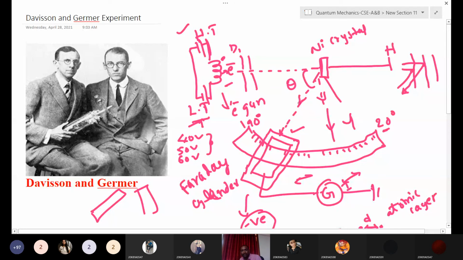Depending on the voltage, the current changes. So as we increase the voltage at the filament, more electrons reach the Faraday cylinder, right?